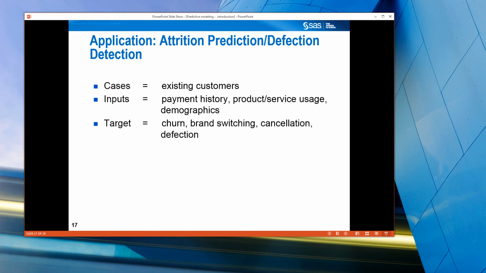The target may be churn rate, how long the customer will be with you before going on to competition, switching to a different brand, cancelling a subscription, or just dropping out. These are things you want to be able to predict.